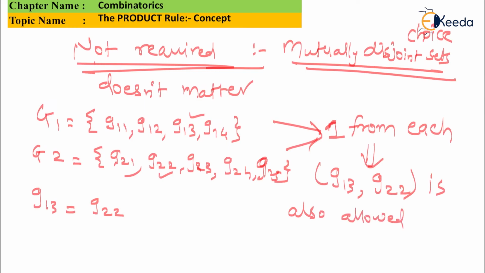It is just that for you it is one and the same thing, the same garment has been copied, I mean you bought it twice. From your perspective it is okay, and mathematically this is also allowed, because selection of G13 from the first has nothing to do with the selection of G22 from the second, because of the independence. So you are going to write it explicitly here.